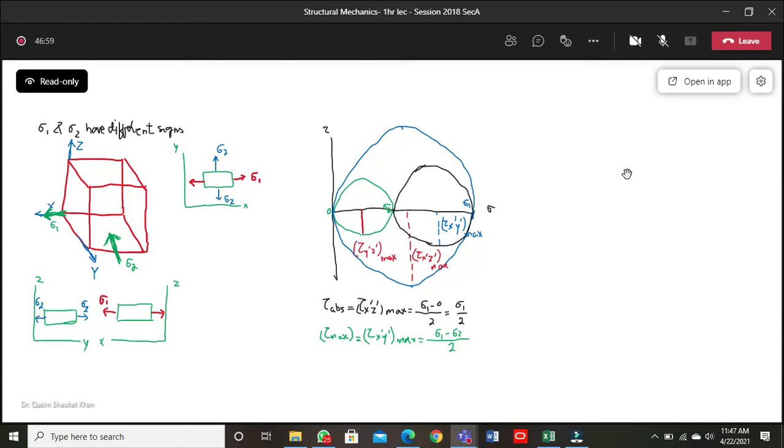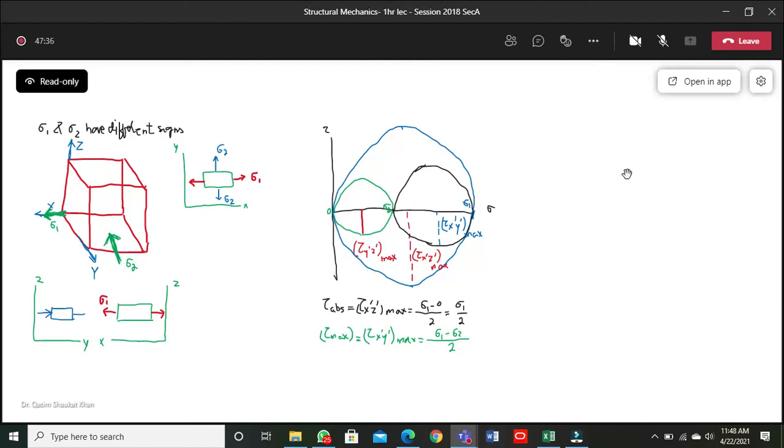So now let's redraw this figure. This one, X and Z, will remain. This needs to be changed. So it is now compressive, into the element.